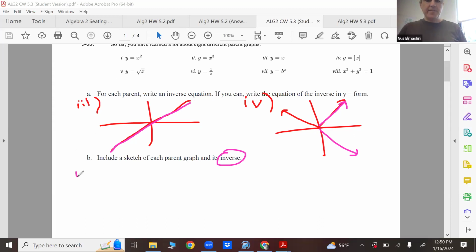For 5, remember the radical looks like that. But if you do the inverse, it looks like this. Wait, no, hold on. It was x equals root y. Oh, sorry, it was like that. My bad, that was the inverse.